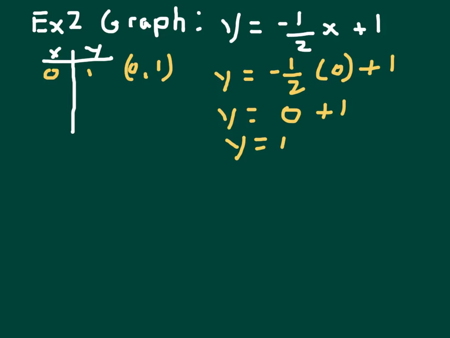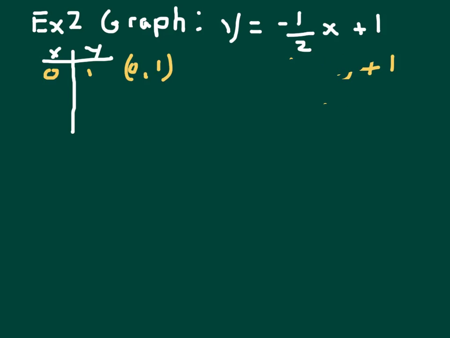Now it gets a little more complicated because 0 was very easy. Now, I probably don't want to put 1 in for x. And the reason I don't want to put 1 in for x is this. If I used 1, let's see, y equals a -1/2 times 1 plus 1.